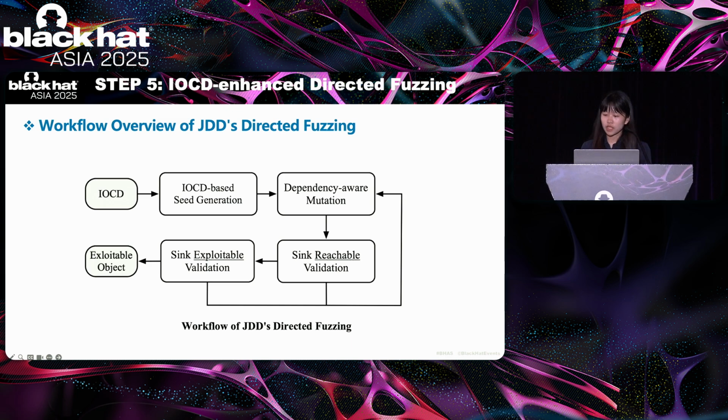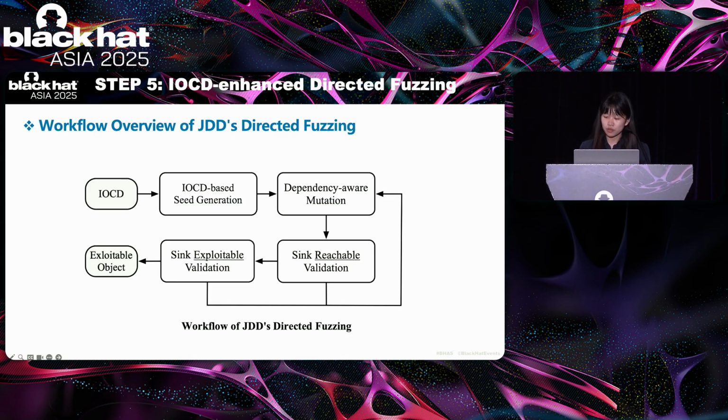Next, in step 5, JDD will use the IOCD to enhance directed fuzzing to generate exploit injection objects. The high-level idea is that, given a gadget chain, JDD will first generate a high-quality initial seed with a suitable structure based on the IOCD.